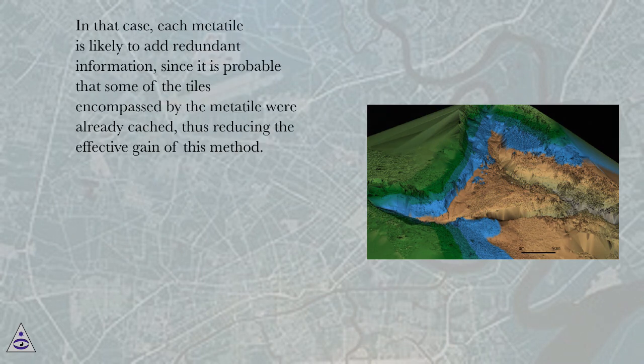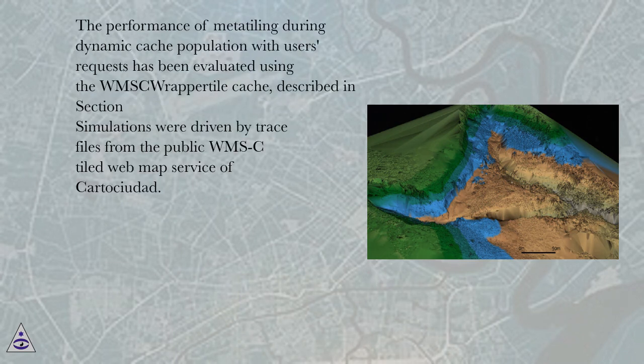In that case, each metatile is likely to add redundant information, since it is probable that some of the tiles encompassed by the metatile were already cached, thus reducing the effective gain of this method. The performance of metatiling during dynamic cache population with users' requests has been evaluated using the tile cache described in the section. Simulations were driven by trace files from the public WMS tiled web map service of Cartography.